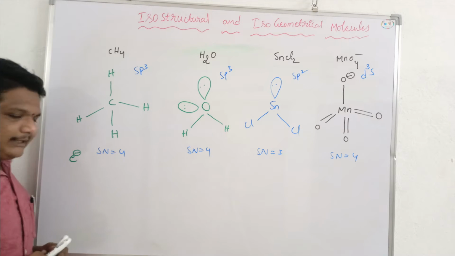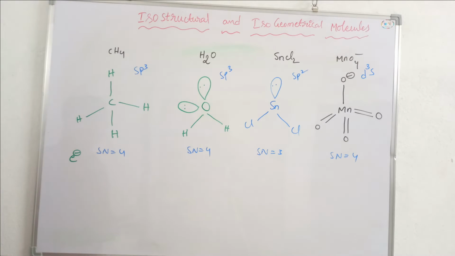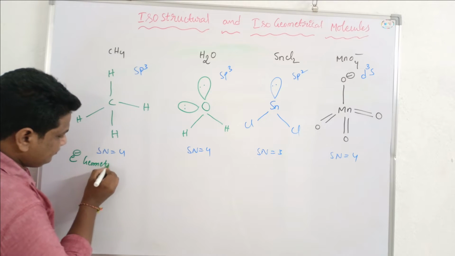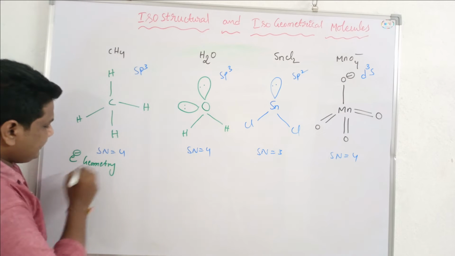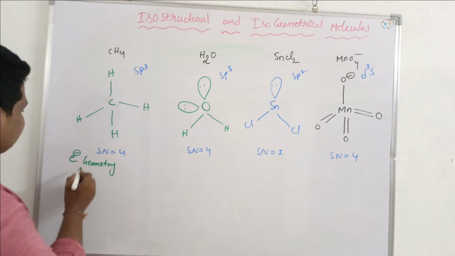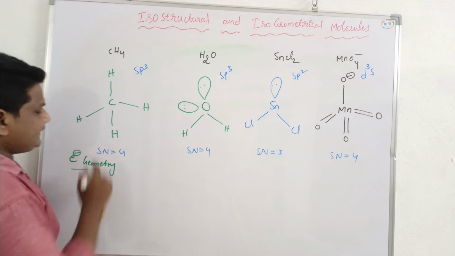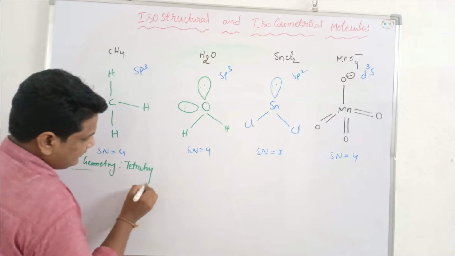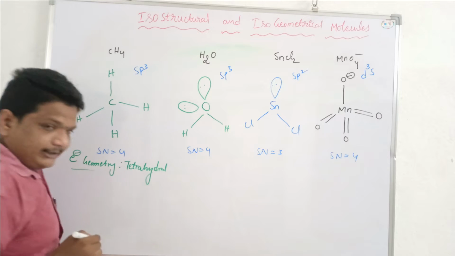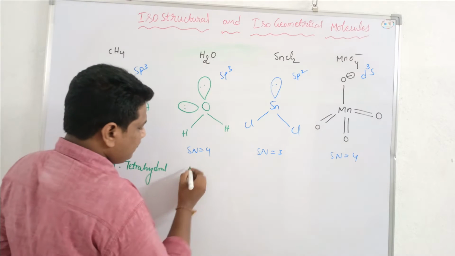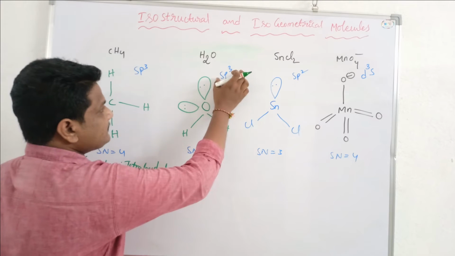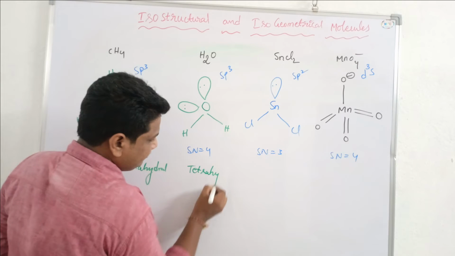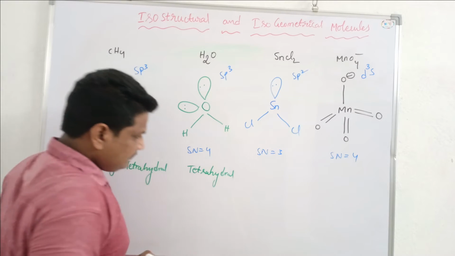Now let us see the electronic geometries of these molecules. Methane has tetrahedral geometry. In the water molecule we also have sp3 hybridization, so it is also tetrahedral.